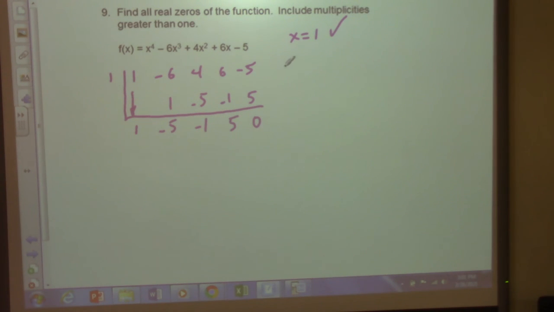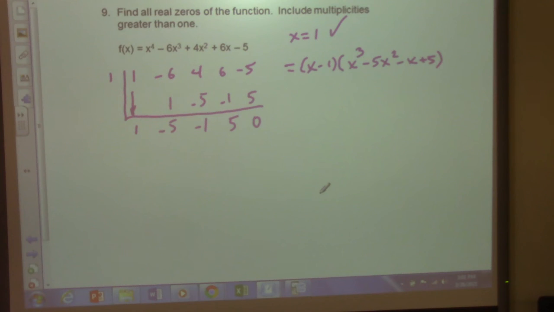So you already have x minus 1, and then you have x cubed minus 5x squared minus x plus 5. Okay, what did you do next on this guy?